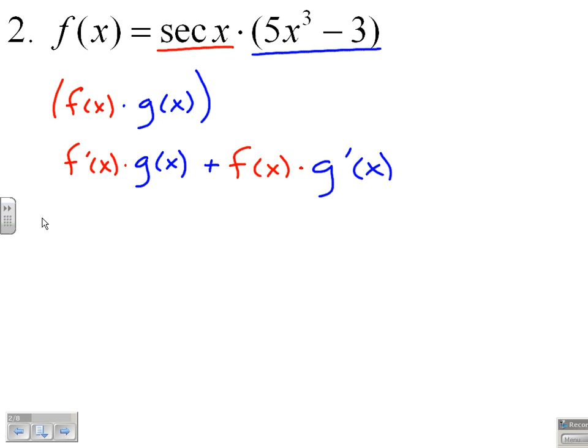So my first function in this case, we'll consider this guy to be f. My second function, we'll consider this guy to be our g.